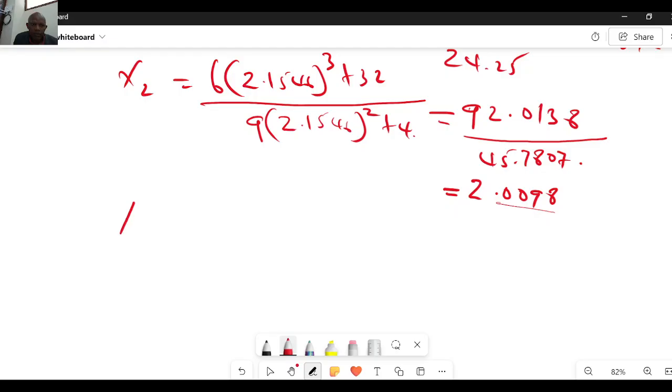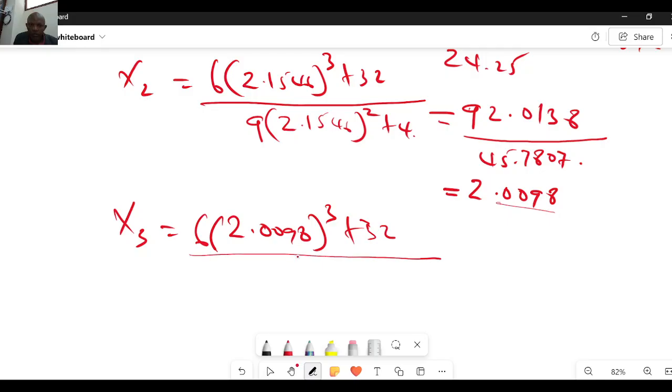Now we get the second value. x3 will be the same as 6 into that value cubed plus 32, divided by 9 into 2.0098 squared plus 4.